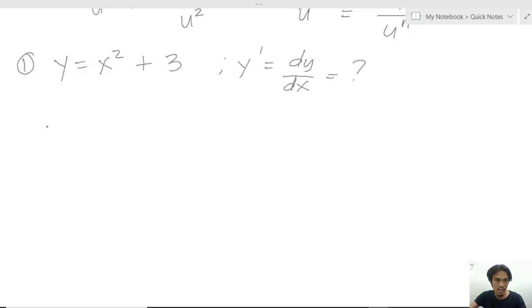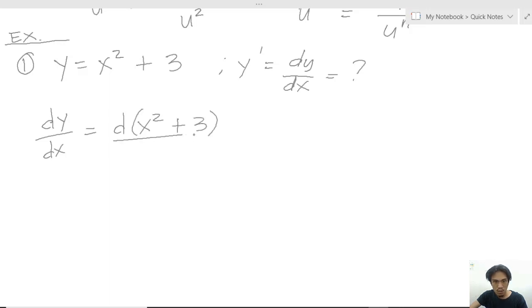So applying the concepts that we have learned, the derivative of y with respect to x is equal to, using the second formula that I introduced, the derivative of x squared plus 3 with respect to x.